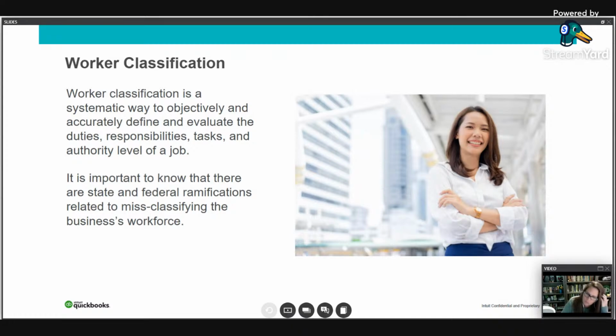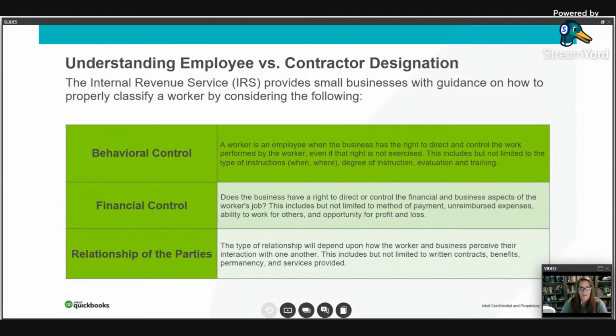Small businesses really should take into consideration all of the evidence, the degree of control and independence. For instance, when I first started, I didn't have my LLC, so they weren't hiring my company, they were hiring me as a contractor. They were saying, this is what I would like you to do, and then I got to decide how I was going to do it, when I was going to do it, and where I was going to do it. That was a million years ago, but you really need to make sure that you understand the difference between an employee and a contractor.